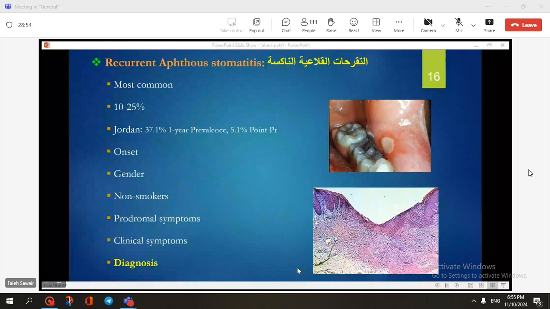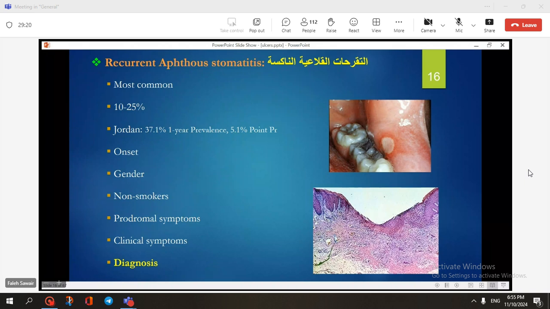Maybe up to 1/3 of you as students may have recurrent stomatitis or recurrent ulcers. In a study we conducted before, 37.1% of the students had a 1 year history of aphthous ulcer.